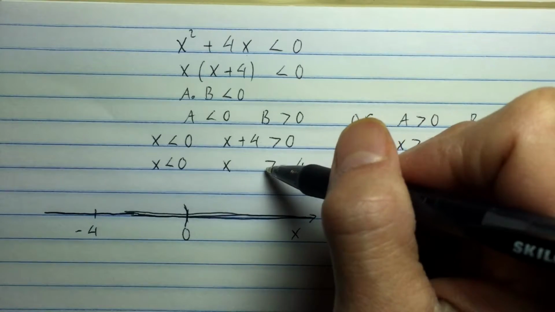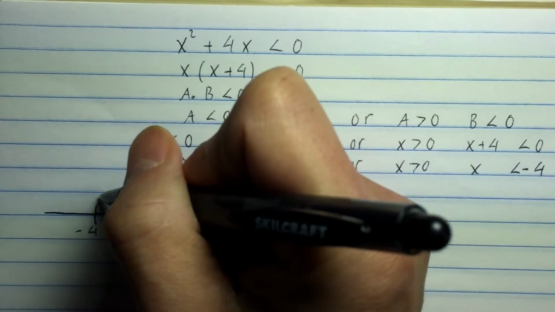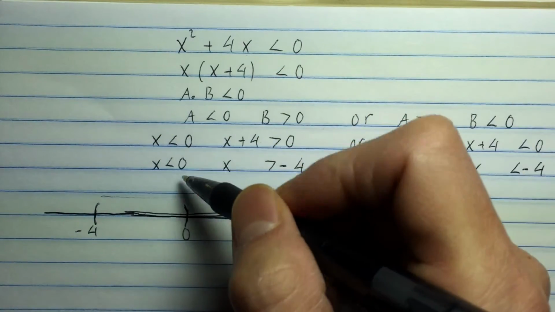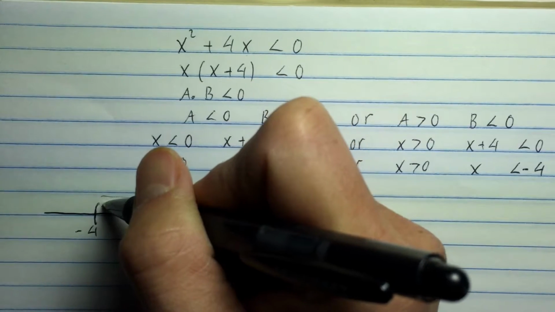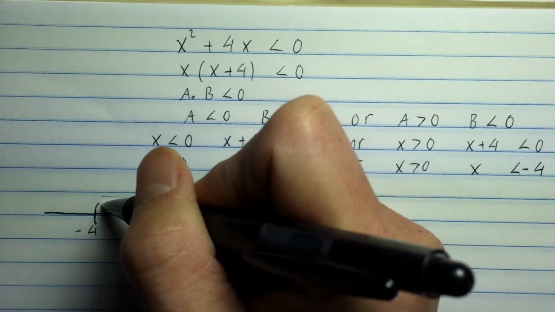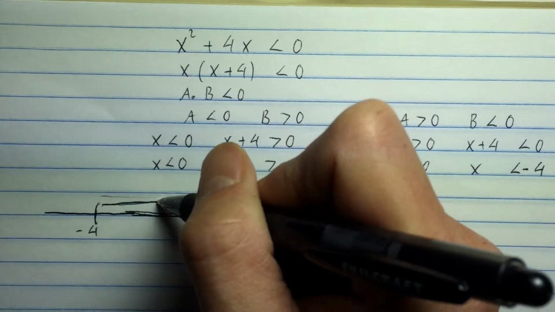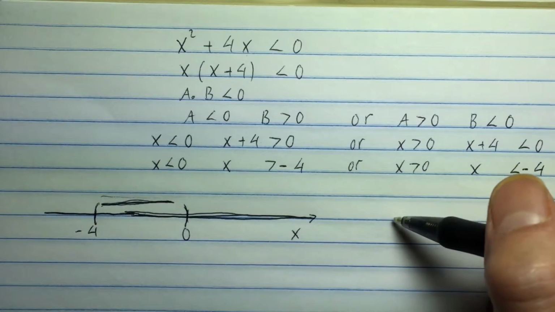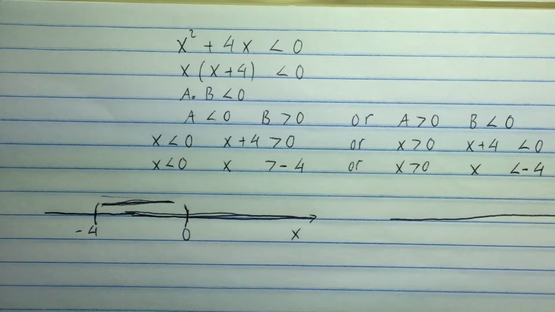And x bigger than minus 4, so any value of x from minus 4 to plus infinity. So if you combine them, any value of x between minus 4 and 0 meets the requirement. So now I draw another graph for the other case.